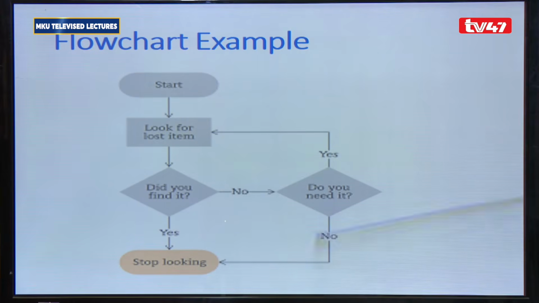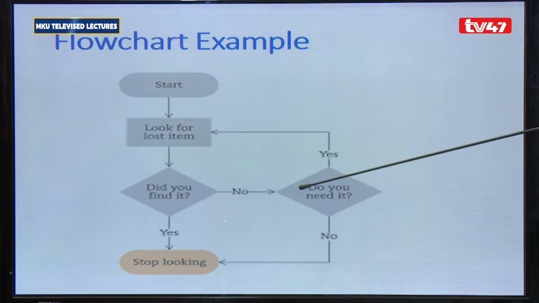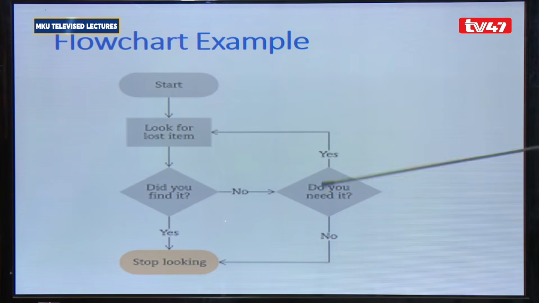So you look for it, you keep asking yourself, have I found it? If you haven't found the item, you might ask yourself another question, do I need it? If you need it, you can continue looking for it. If you don't need it, you can stop looking for it and do something else. Then, of course, the process ends.